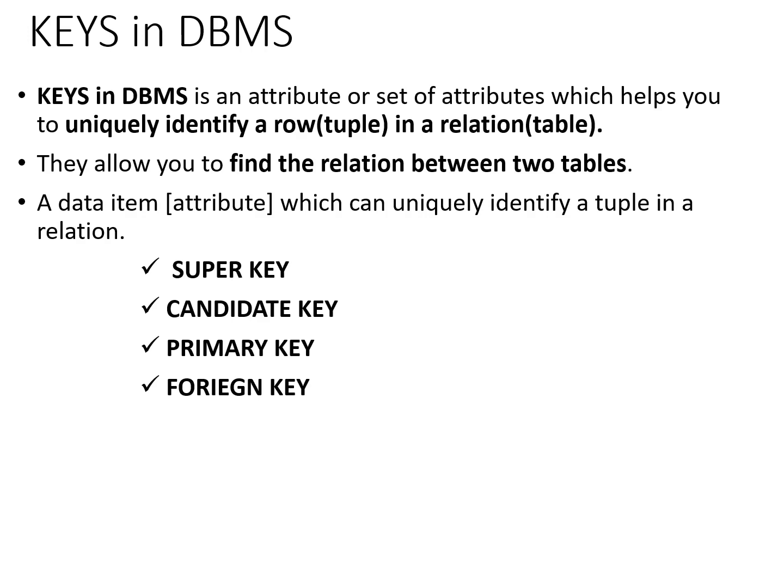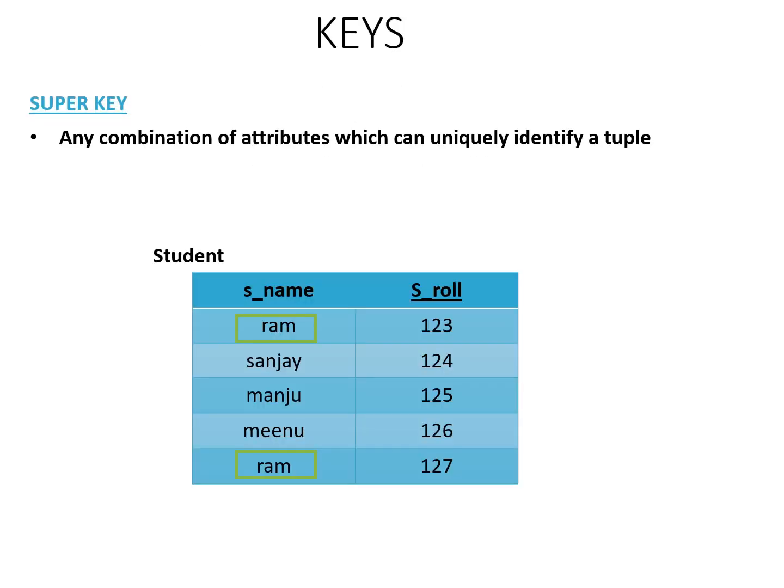There is a flow to follow to understand the various kinds of keys. So let's get started. The first one is the super key. A super key is any combination of attributes. Say this is a student table and you have two attributes, S name and roll number. Say there is a specific combination of attributes which can uniquely identify a row in this table.